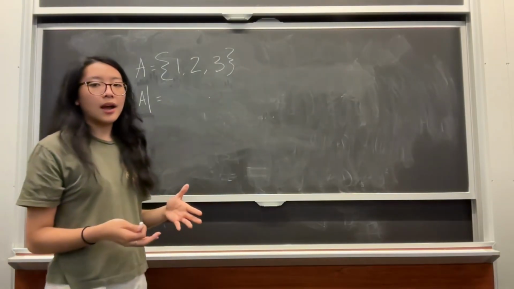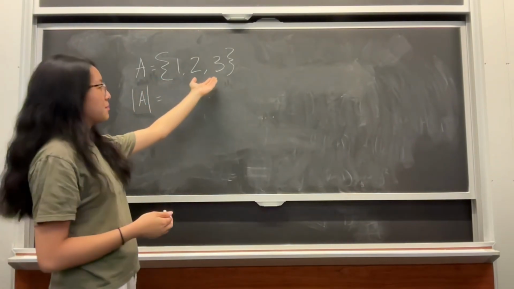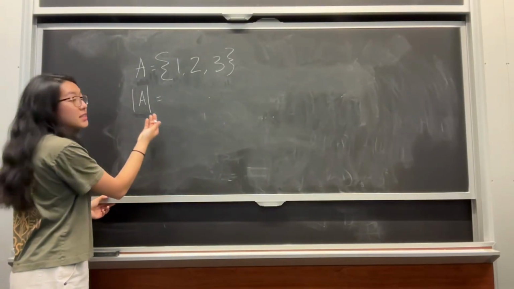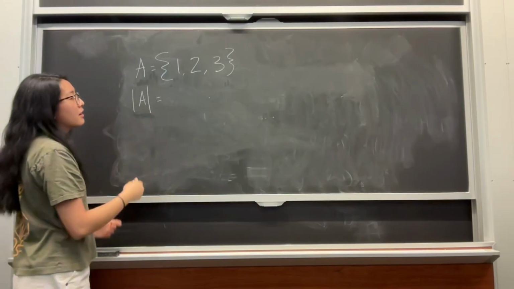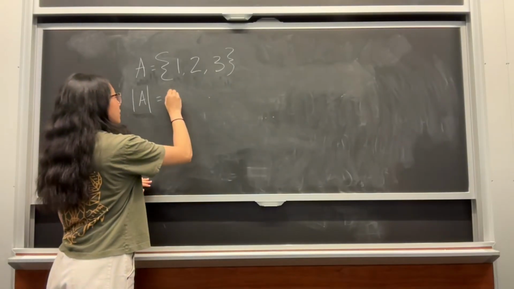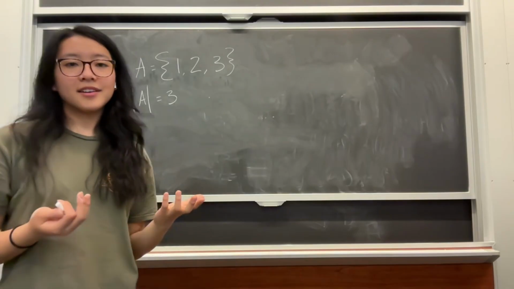And you would get the size of a set. One way you could do that is by counting simply all the elements in a set. So what is the cardinality or the size of set A? Well, I'm seeing 1, 2, 3 elements in there. So A has a cardinality of 3.